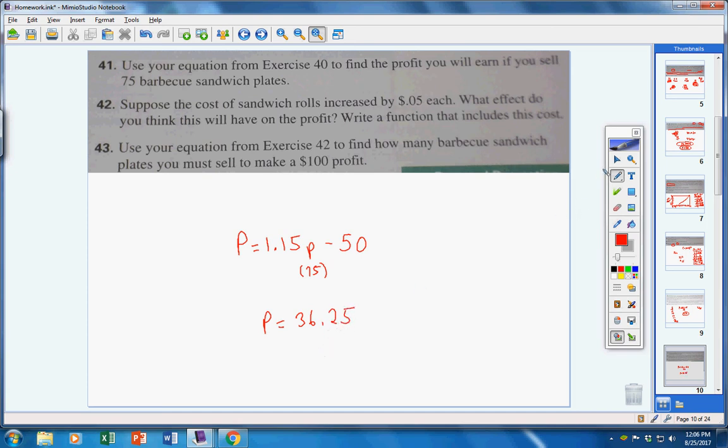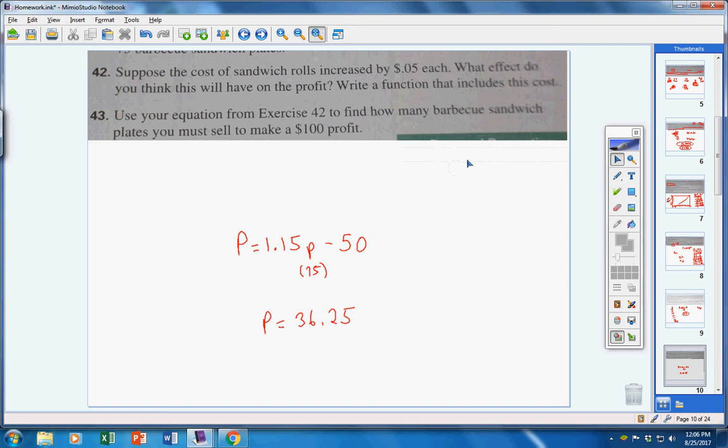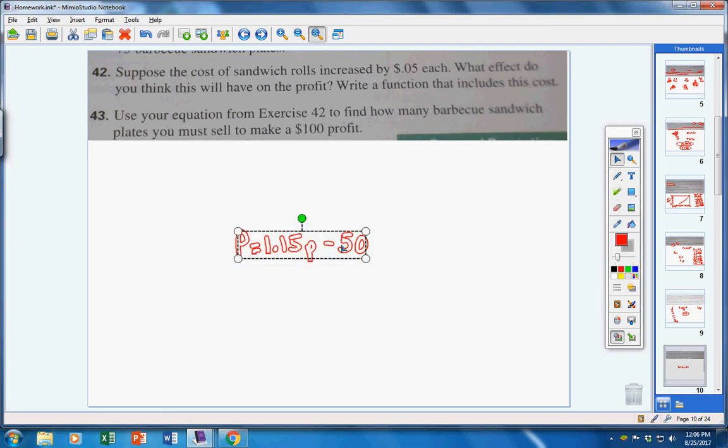Alright. Now, let's suppose the cost of sandwich was increased by 5 cents. What effect does this have on your profit? Well, it's kind of a dumb question. Obviously, if the bread goes up, your profit's going to go down, okay? How much is your profit going to go down? 5 cents per sandwich. So now, you're no longer making $1.15 per sandwich.